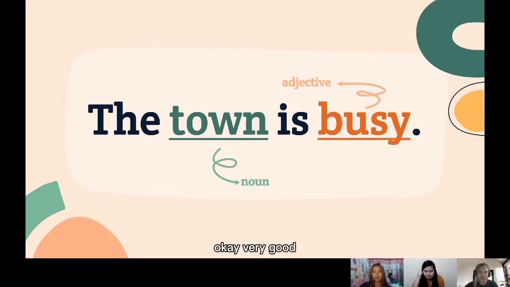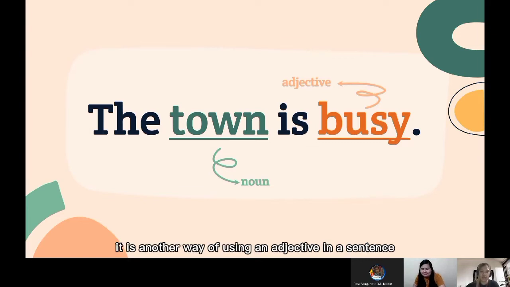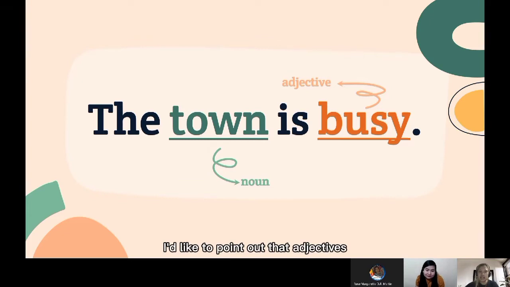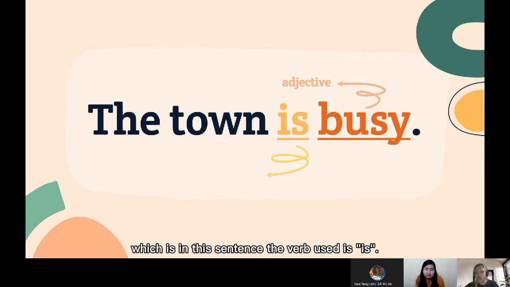Okay, very good. This reveals another way of using an adjective in a sentence. I'd like to point out that adjectives do not always come before the noun because sometimes they can be placed after the verb, which in this sentence is the word is.